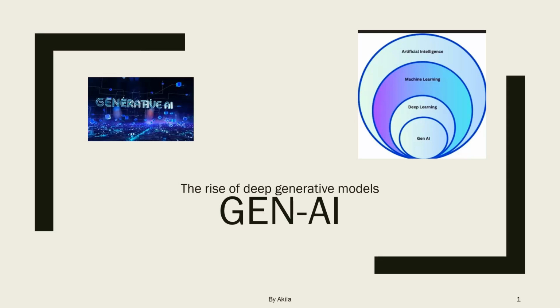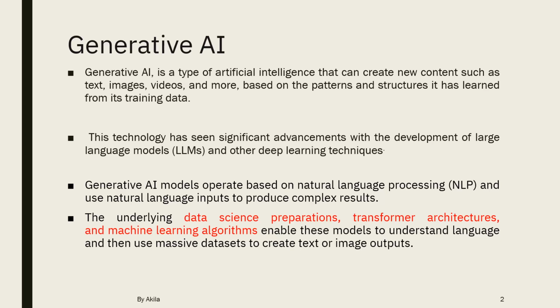So first we will start with our Gen AI. Generative AI is a type of artificial intelligence that can create new content such as text, images, videos and more based on the patterns and structures it has learned from the training data. As I said, it has an LLM, so a large amount of data is necessary to generate new content.